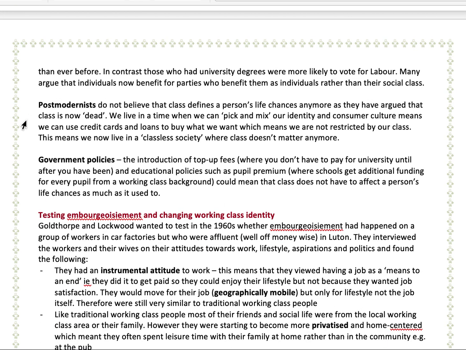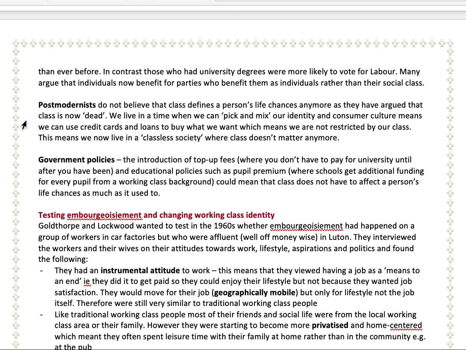Postmodernists believe that class doesn't affect life chances anymore, because we live in a classless society. We can choose our own identity. We live in a consumer culture, so we can use credit cards and loans to buy what we want. We're not restricted by our social class. Also, government policies have helped support those from a working class background. Student top-up fees, which are basically student loans, mean you don't pay until you've left university.